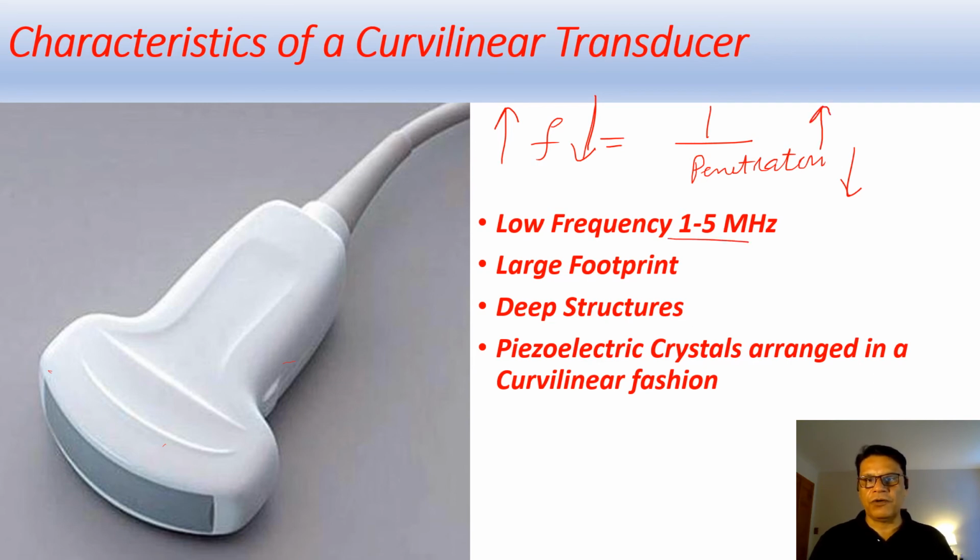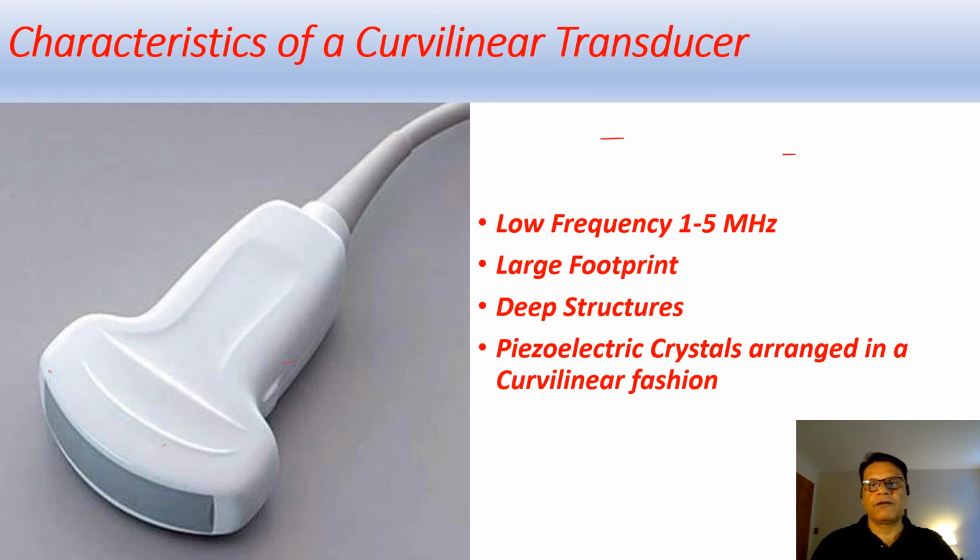So here we have decreased the frequency, so it can dive deep inside the body, its penetration is deep, and it can see the deep organs. Other characteristics of these curvilinear or convex probes are that they have a large footprint, can see the deep structures, and piezoelectric crystals are arranged in a curvilinear fashion.